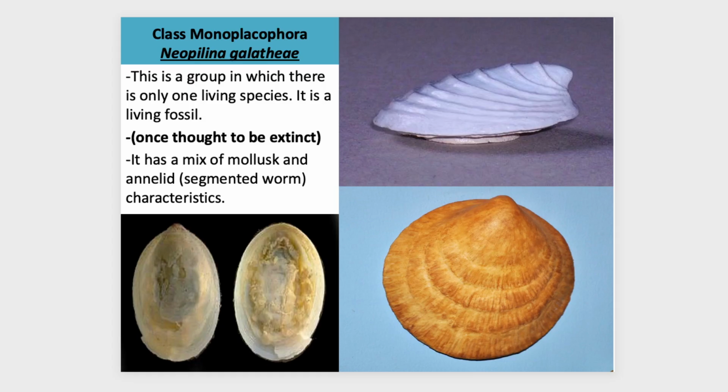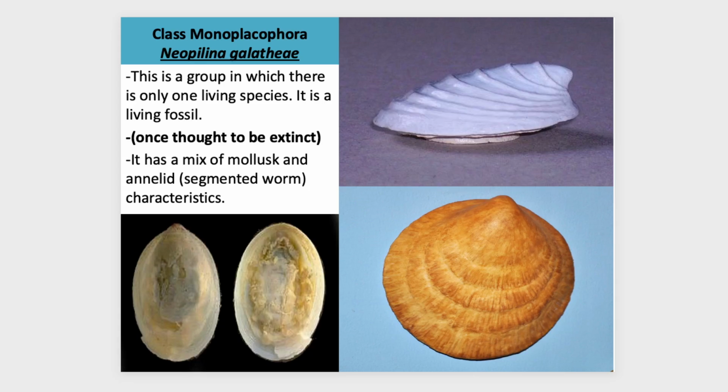So our class, Monoplacophora, one of the examples for this, and the only example that we have right now, would be the Neopilina galatheae, is the genus species name. And this group is the only living species in this class. So we consider it to be a living fossil. And for a long time, they thought this class of organisms was just completely extinct.